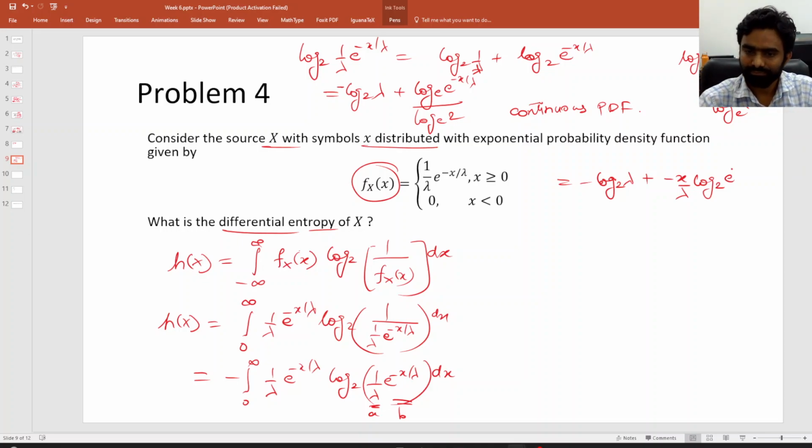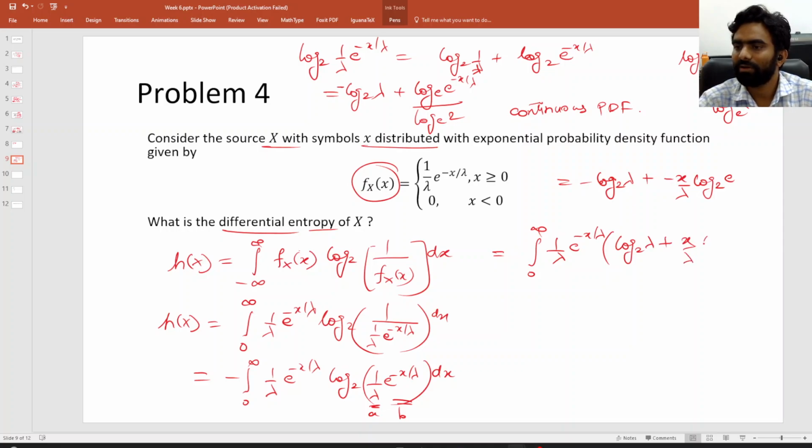Clear? So put this one: both minus signs are there, and here a minus sign is there, so it will get cancelled. 0 to infinity 1 by lambda e raised to minus x by lambda, times log base 2 of lambda plus x by lambda log base 2 of e, dx.